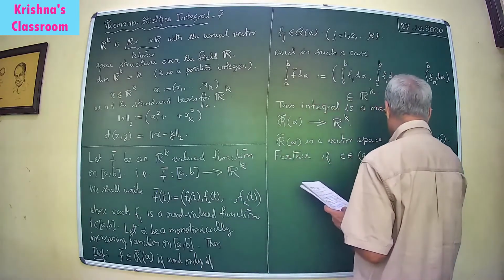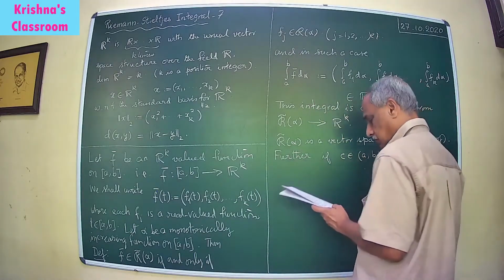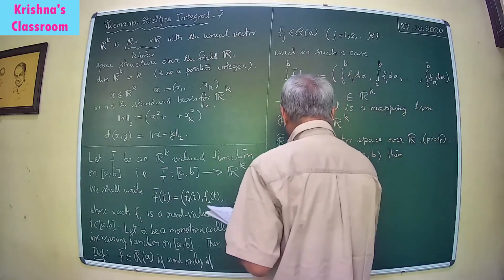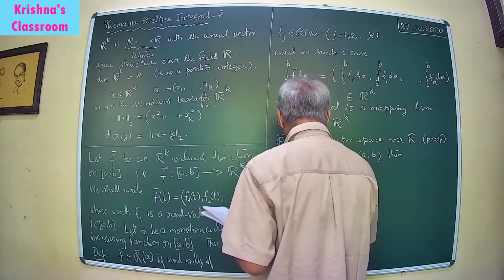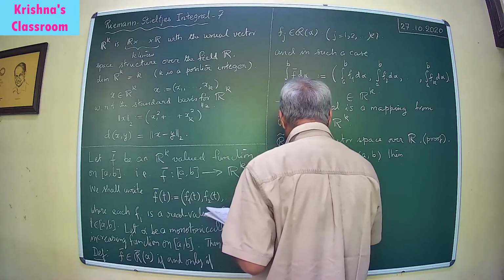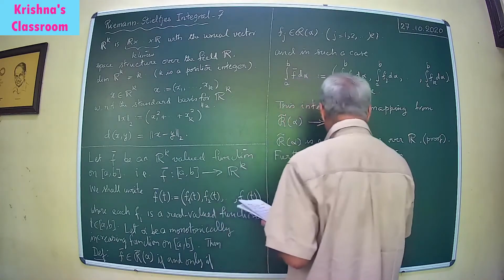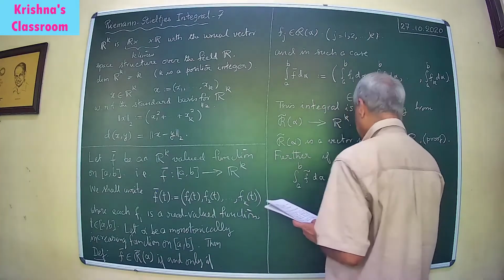Then what we have is the integral from a to b of f tilde d alpha equal to the integral from a to c of f tilde d alpha plus the integral from c to b.